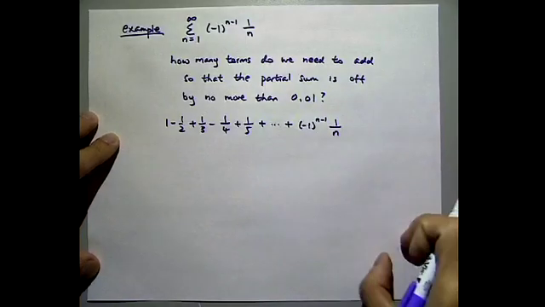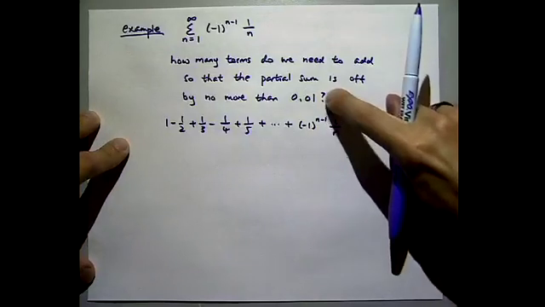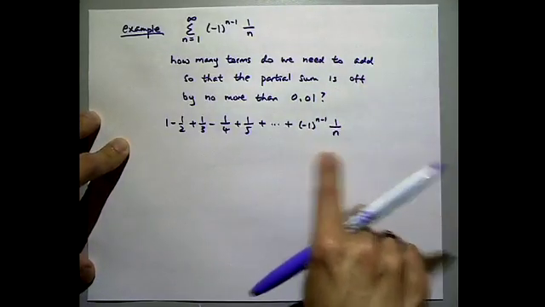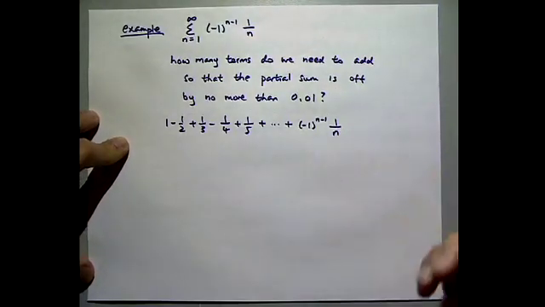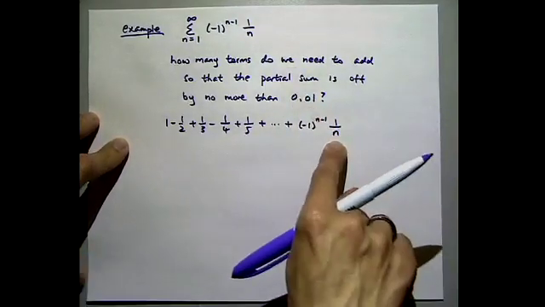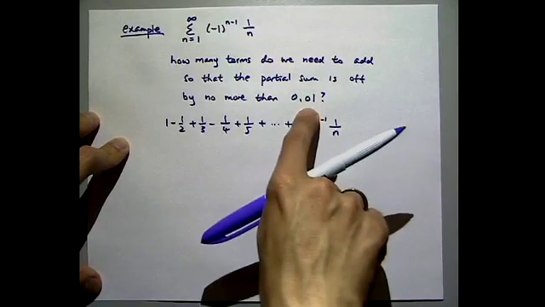So here's what we're dealing with, right? All of these things. And remember, the error that you made here is no bigger than the first term that you ignored. So we want the error, the first term that's ignored, to be less than or equal to 0.01.